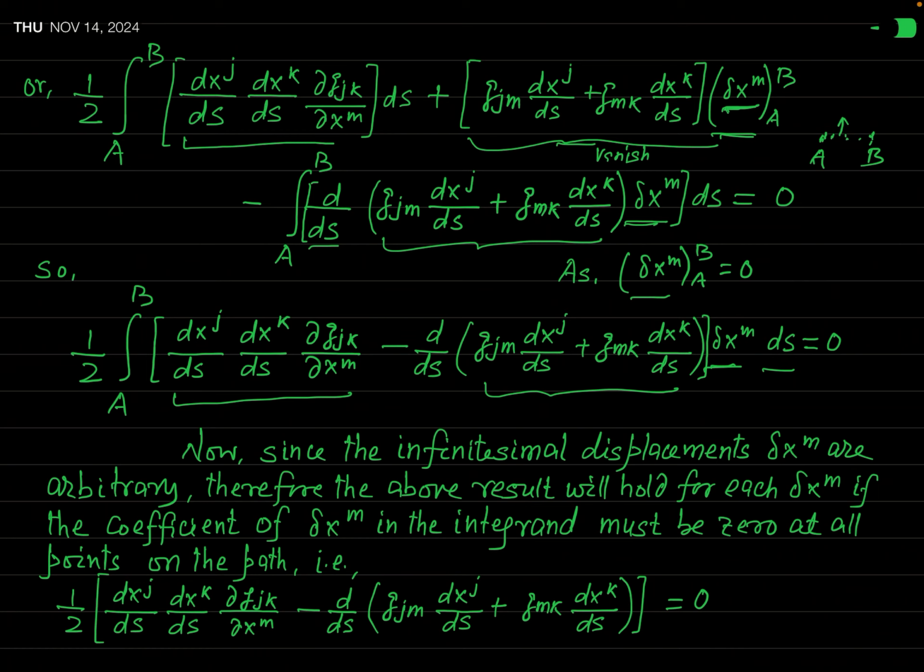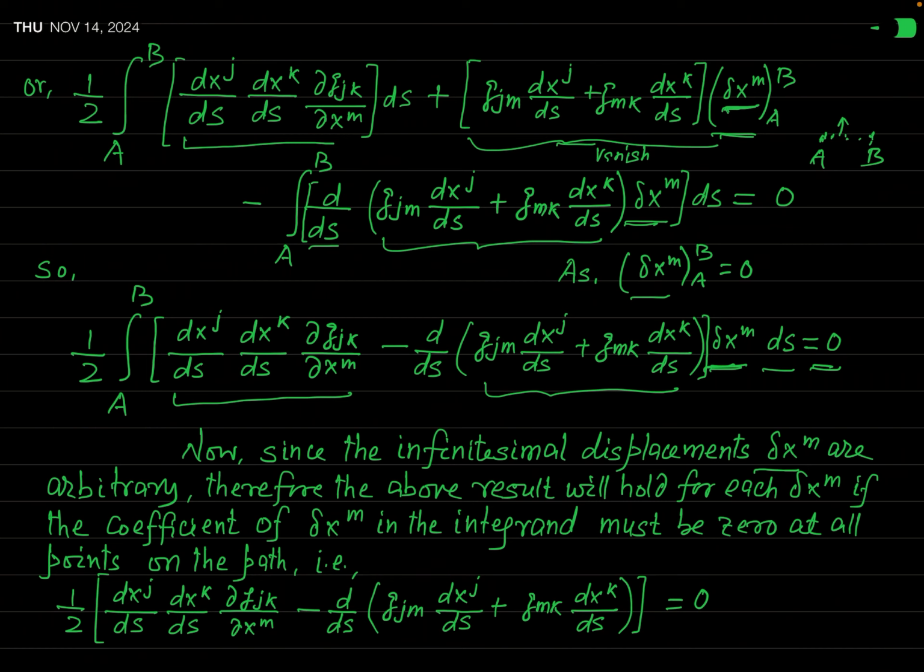So for all values of delta x_m, this integral will be 0, or the result defined in this expression will hold, only when the integrand, that is the coefficient of delta x_m in the integrand, vanishes.